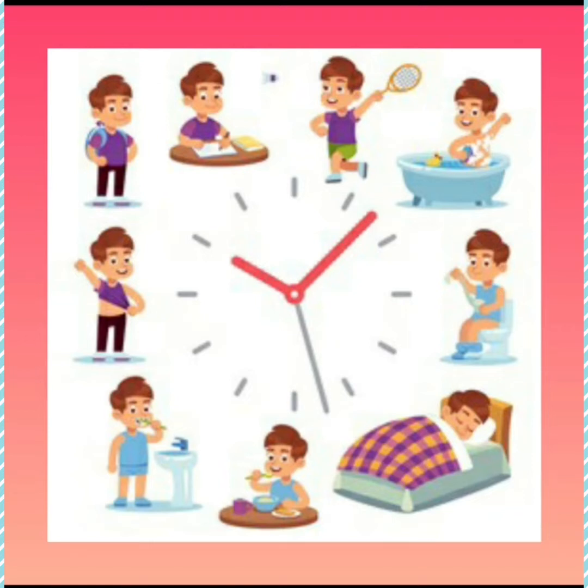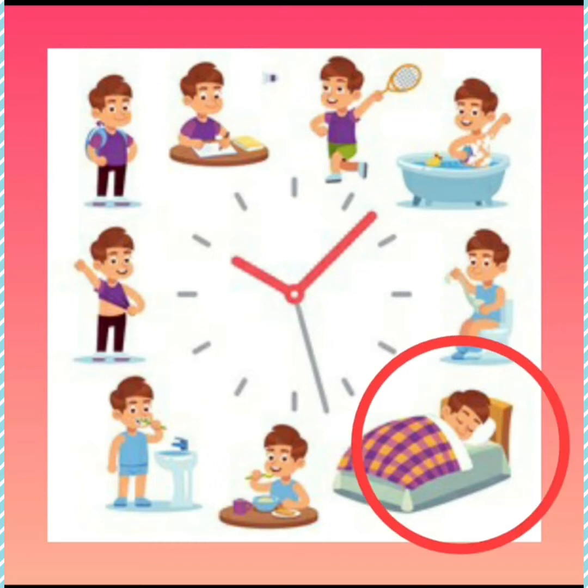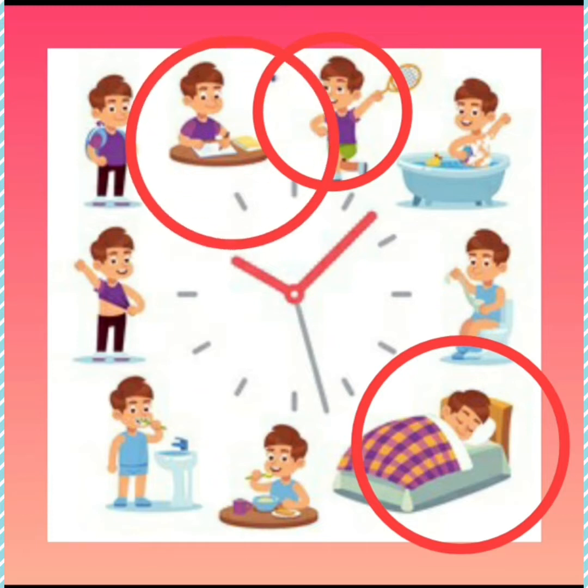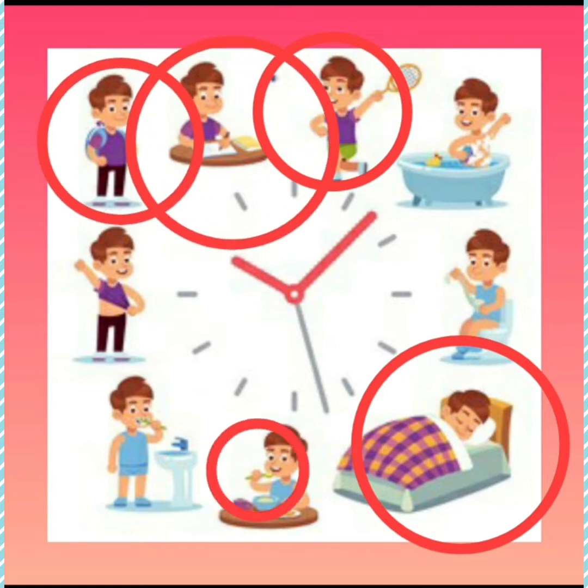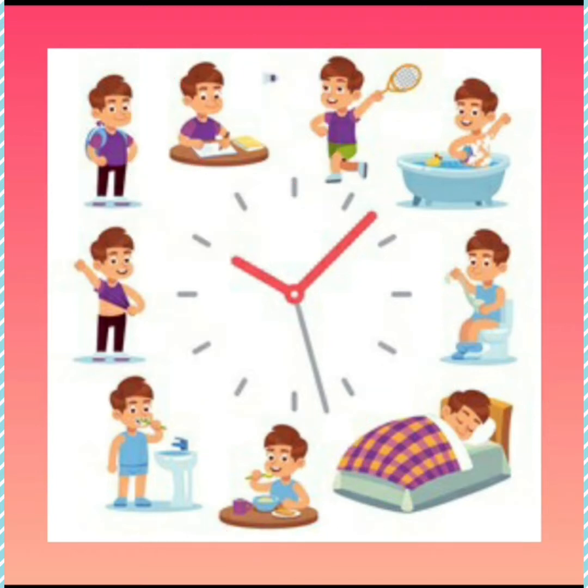Let us see our activity from morning to night. Certain times are fixed for some particular work like sleeping, playing, studying, going to school, lunch, etc. How do you manage all these routines? Yes, by using a clock.